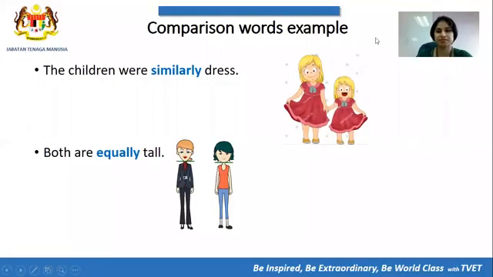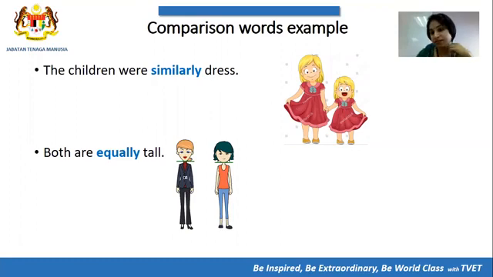All right, here are the examples of sentences which use comparison signal words. The first sentence is "The children were similarly dressed." So we can use the word similarly. That means both kids were wearing the same pink color dress, but the height is different. We are not talking about the height. If it is height, you can't use comparison signal words because they are different.